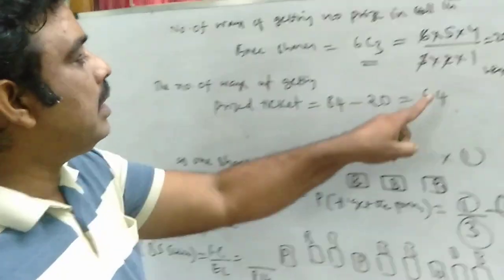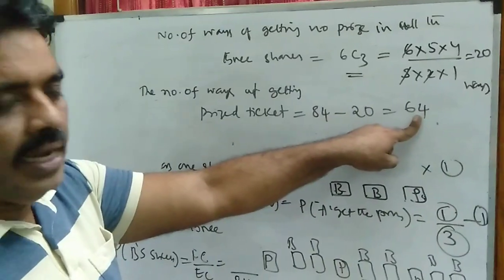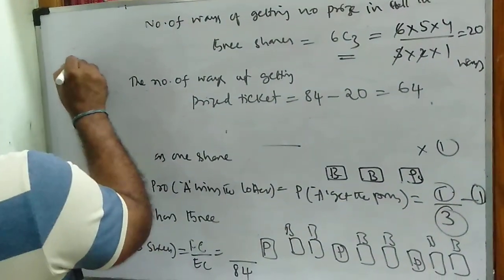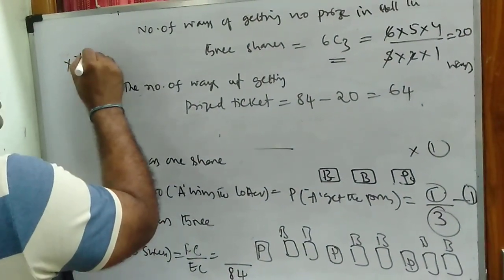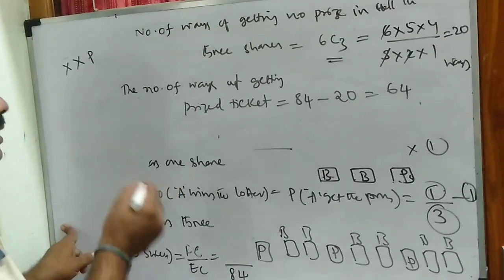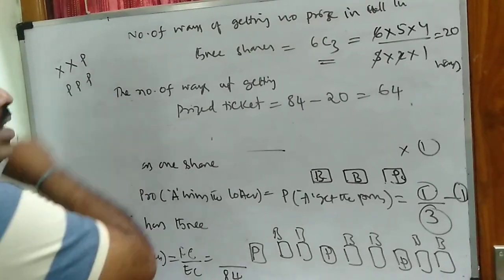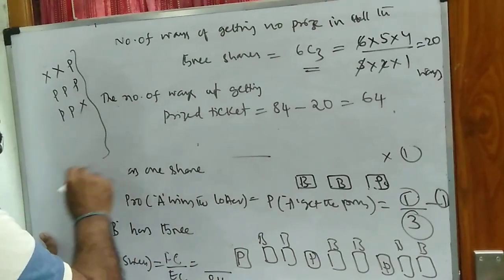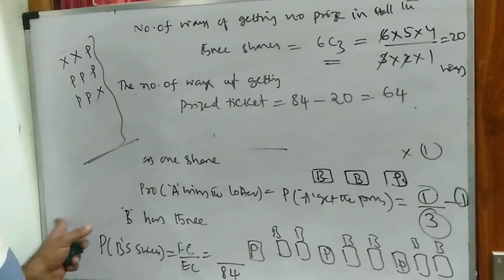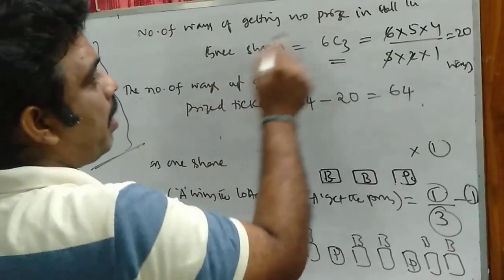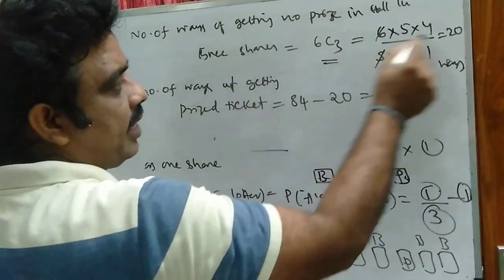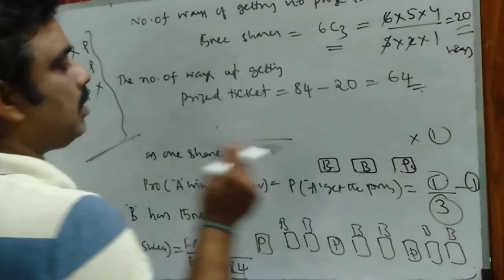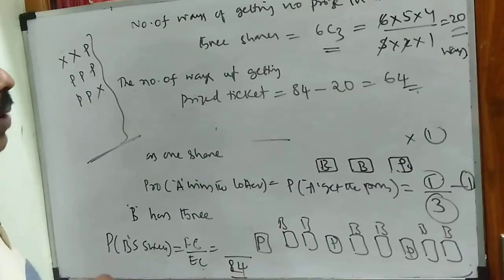This 64 is the number of ways of getting a prize ticket in any one of the 3. That means the first time blank, second time blank, third time prize may come. That is one case. Or 3 times prizes may come, or 2 times prizes and the third blank may come. To enumerate all the cases is very difficult. That's why we are calculating the number of ways of getting no ticket, and the total number of cases is 84, and subtracting, you get the number of ways of getting a prize ticket in any.